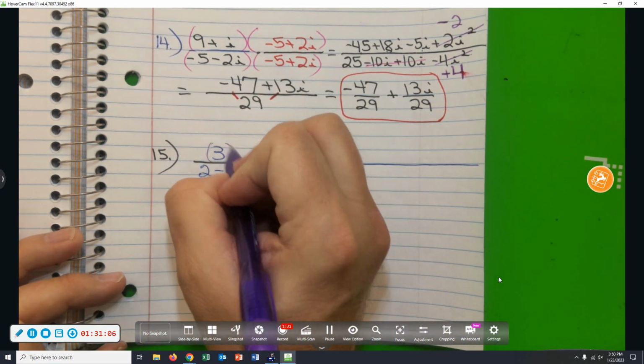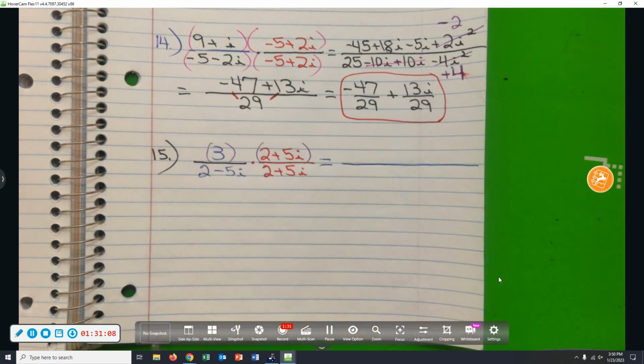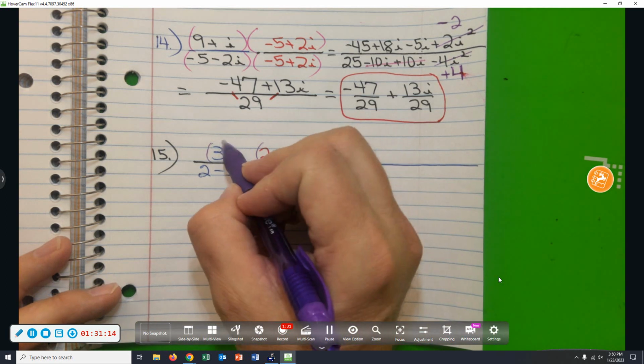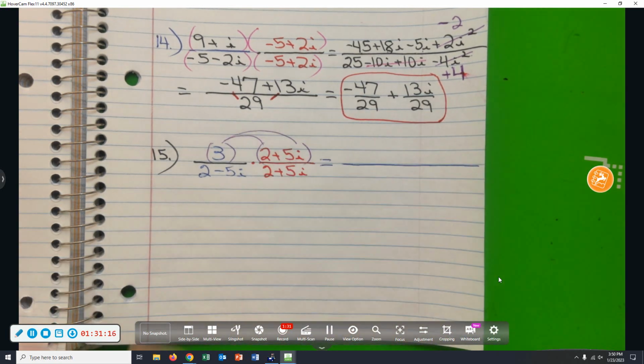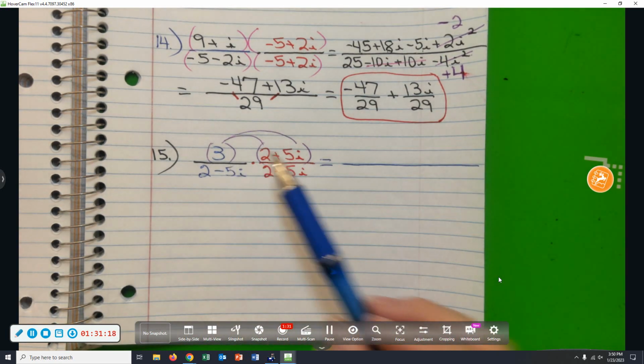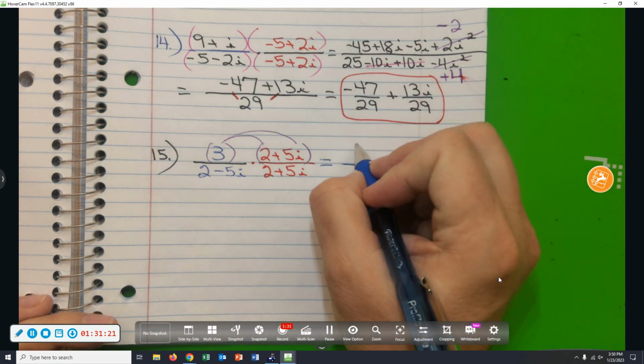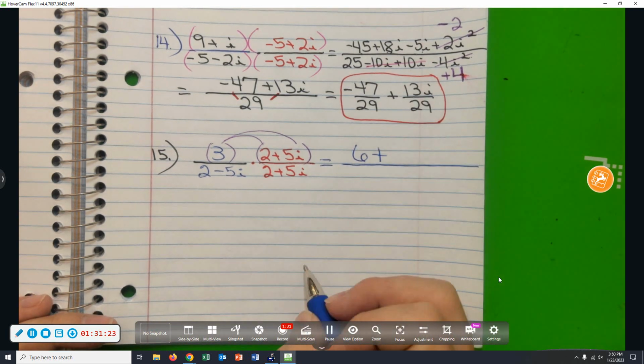Okay. We have 3. We need to multiply it by 2 plus 5i. We're not going to FOIL. What are we going to do? Distribute. Okay. 3 times 2 gives me plus.